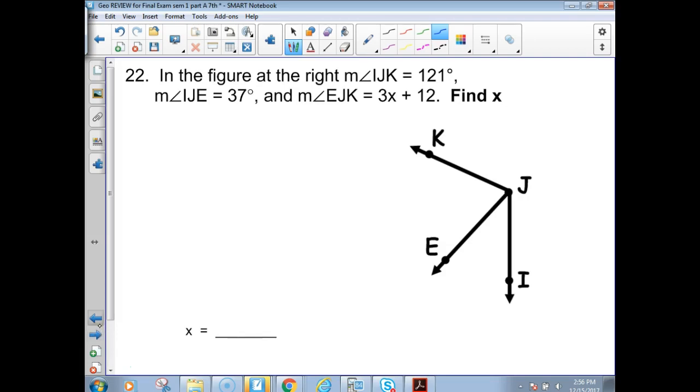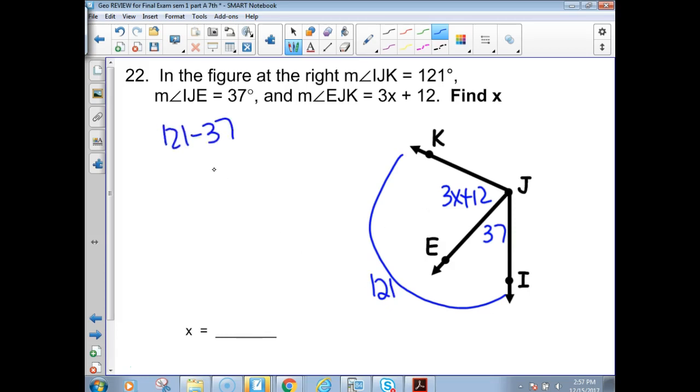Number 22, in the figure at the right, the measure of angle IJK, that's the whole thing, is 121. If IJE is 37, EJK is 3x plus 12. Well, let's find out another measurement for EJK. Since we know the whole thing's 121, we could subtract 37. What's that going to give me?